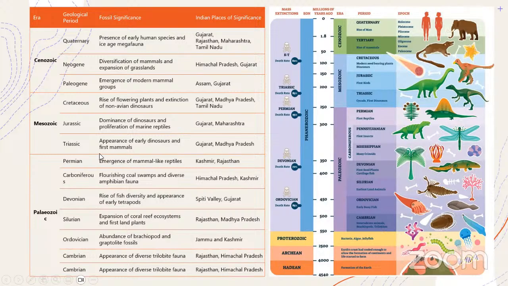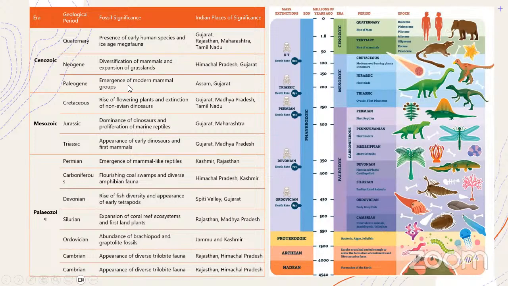Like the Triassic, Jurassic, and Cretaceous periods of the Mesozoic era, there is appearance of early dinosaurs and first mammals, dominance of dinosaurs, proliferation of marine reptiles, rise of flowering plants, and existence of non-avian dinosaurs. Most of these Triassic, Jurassic, and Cretaceous fossils are available in Gujarat, Madhya Pradesh, Maharashtra, and Tamil Nadu states.